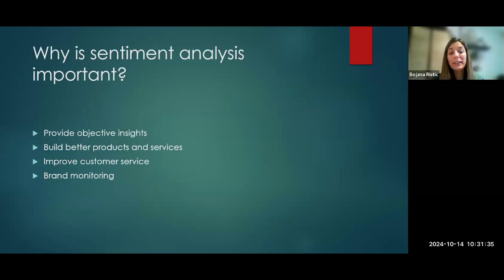So why is it important? As I said, nowadays we use AI for everything, and companies are using AI to get as much information about customers as they can, right? So this is why they want to get into the customer's sentiment. When I say customers, it's all the users.